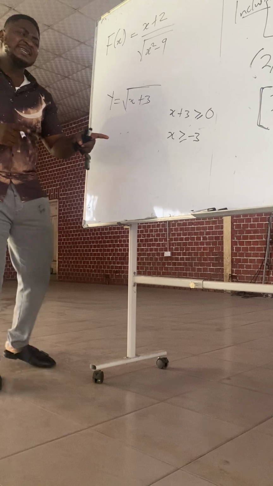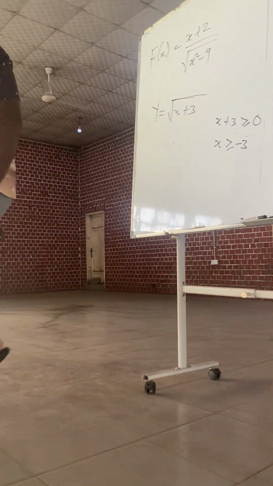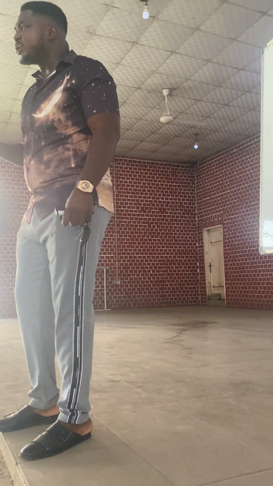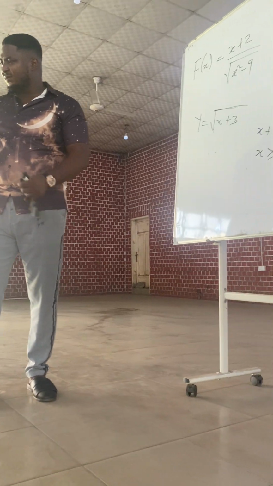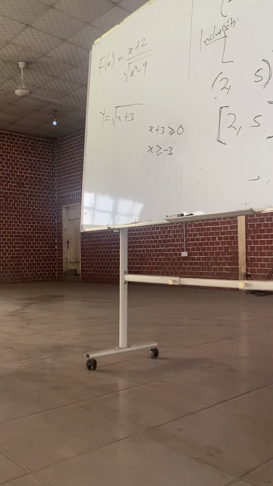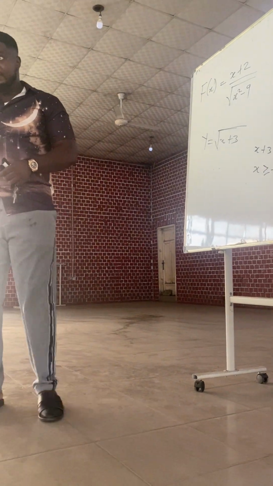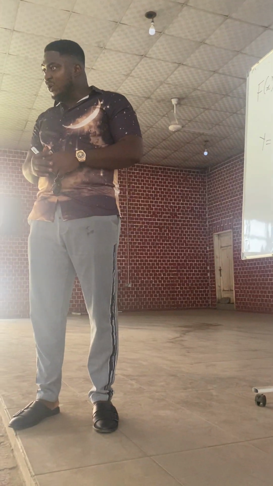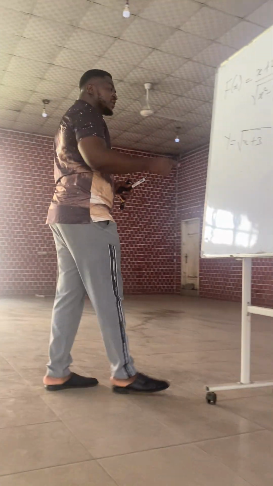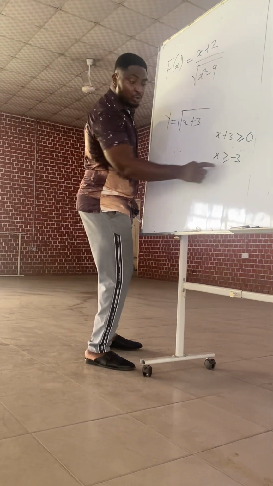Meaning that any number that is less than minus 3 cannot be our domain. Let me show you why. What is the first number that is less than minus 3? Minus 4. Minus 3 is bigger than minus 4, meaning that minus 4 is less than minus 3. So minus 4 cannot be our domain, because it doesn't satisfy this rule.